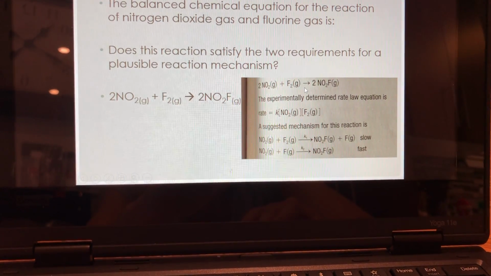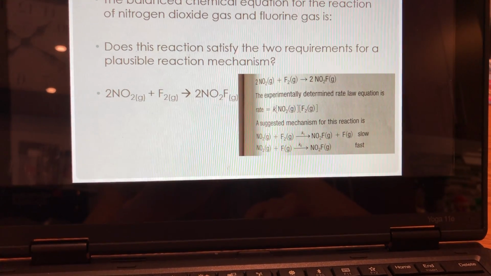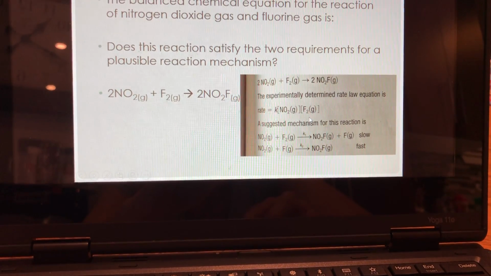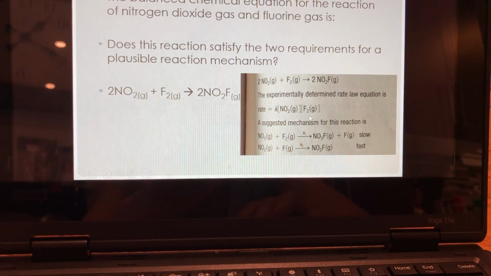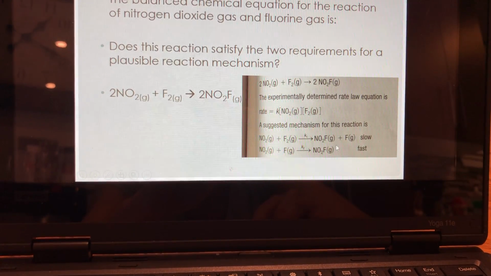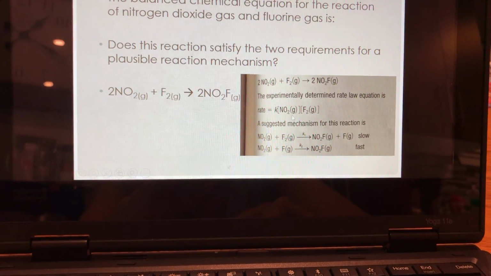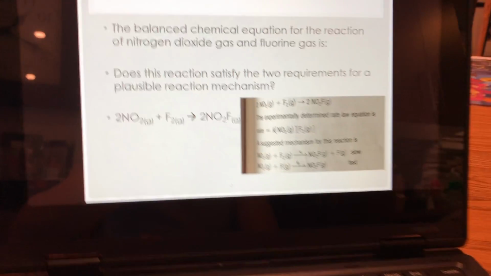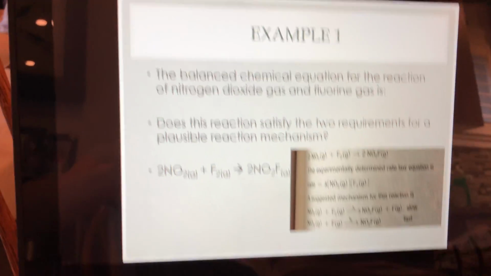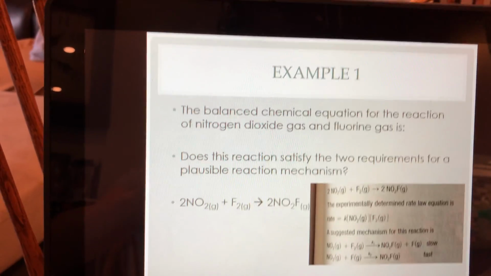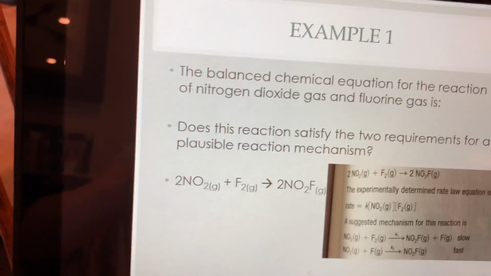And the second requirement is, does the experimentally determined rate law right here match our slowest step rate law? It should match this step right here. So maybe take out a piece of paper and I will be transferring to a piece of paper as well.